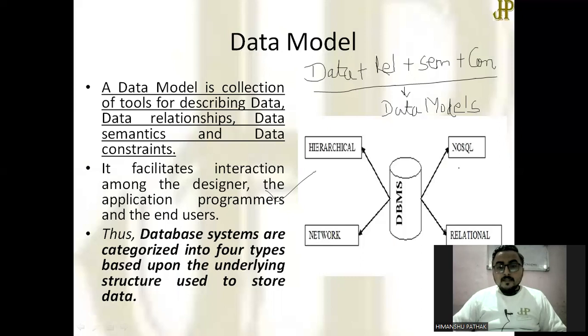And these are hierarchical, network, relational DBMS, and nowadays NoSQL DBMS is on demand. So I'm going to discuss each of them one by one.